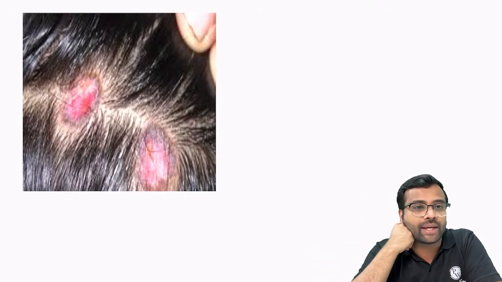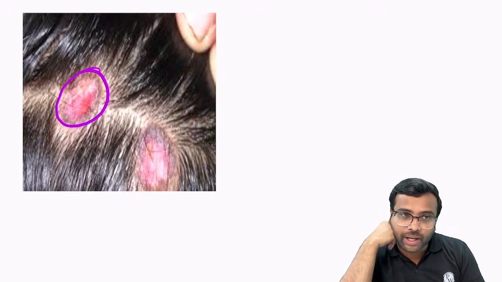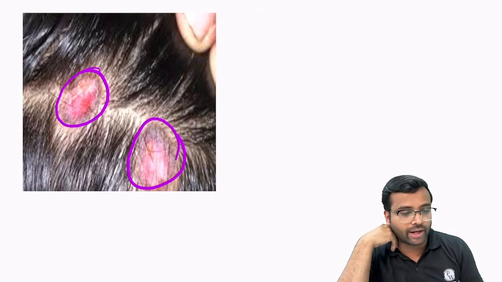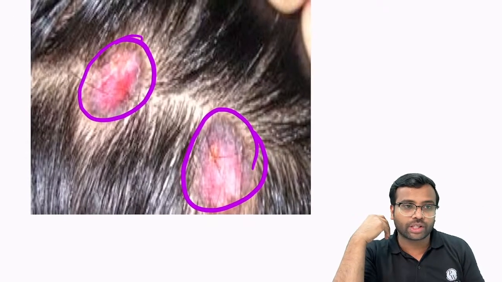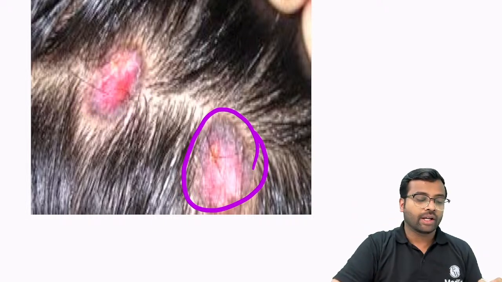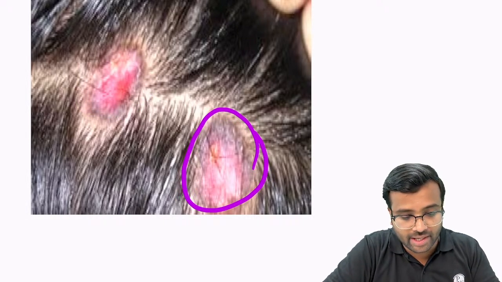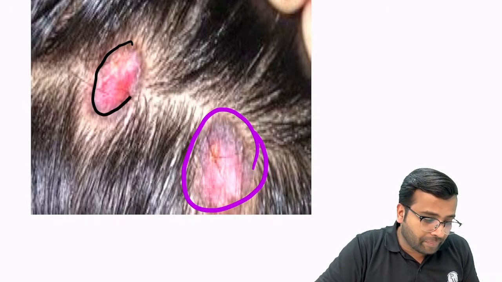Now, what is happening here is that there is a small area of alopecia. There are two different areas of alopecia, and in both the areas, I'll just zoom this image for you. I want all of you to see the findings here. What is the first finding that you can see? There is a darker area here, isn't it?